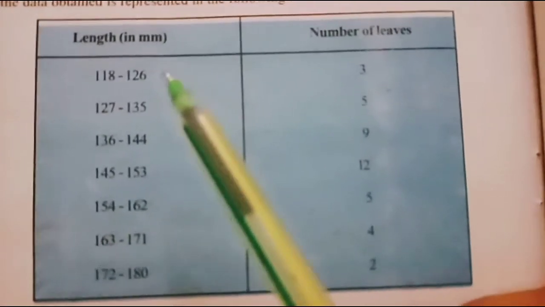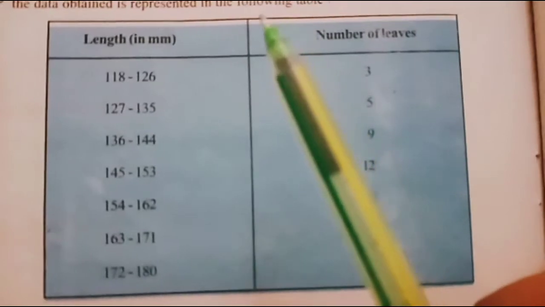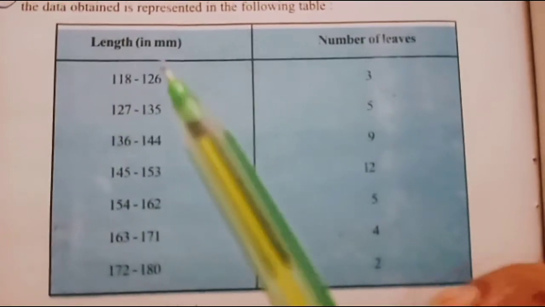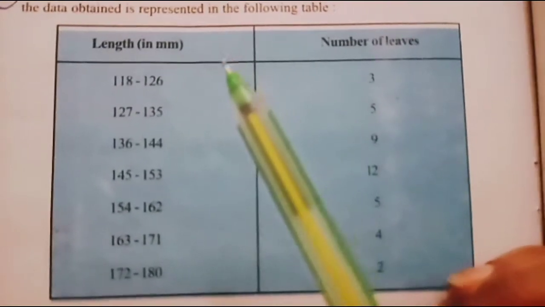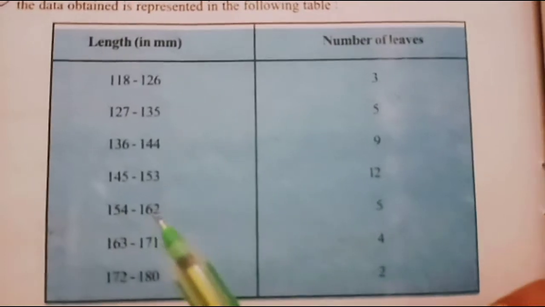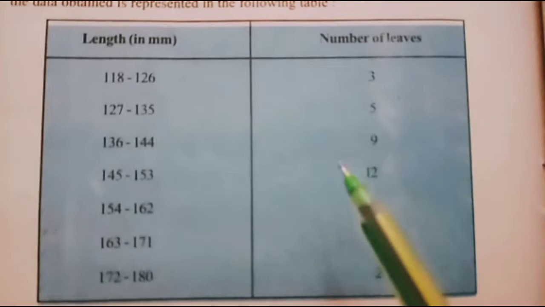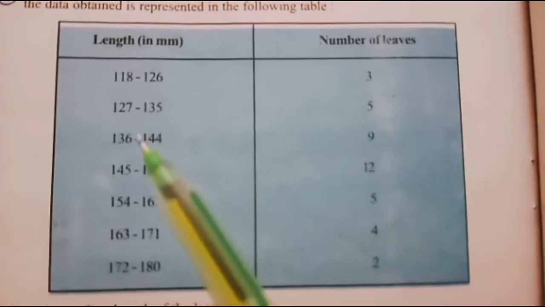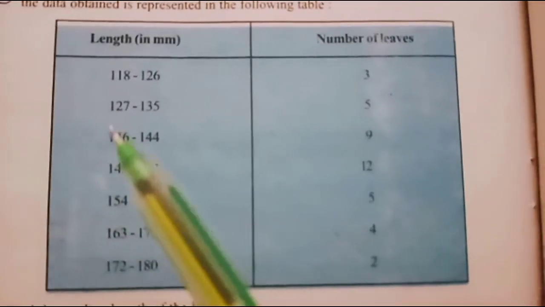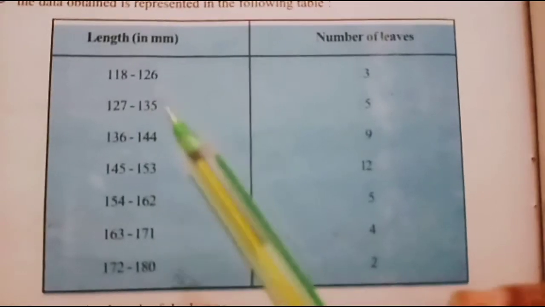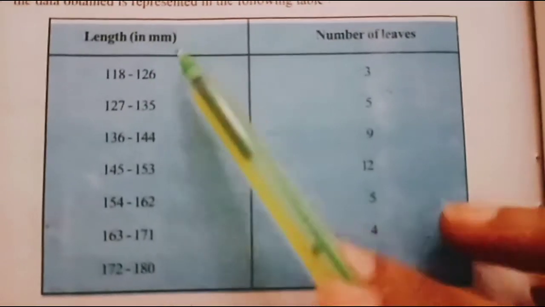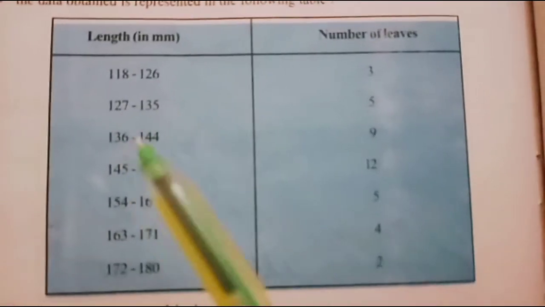In case of mode and median, the class intervals must be continuous, because we are finding the modal class and the median class, and in that we need to find L, that is the lower limit.